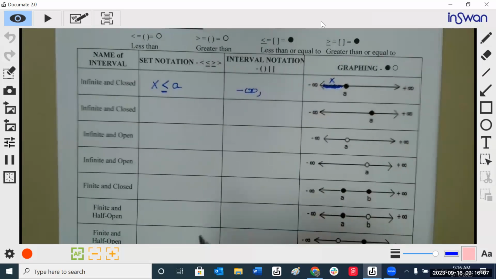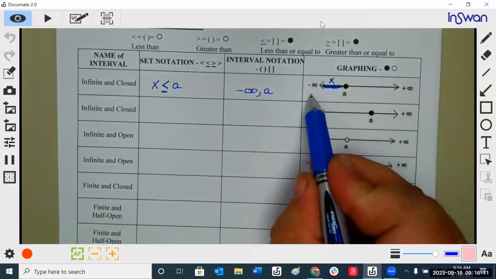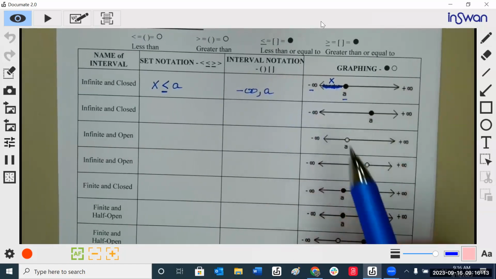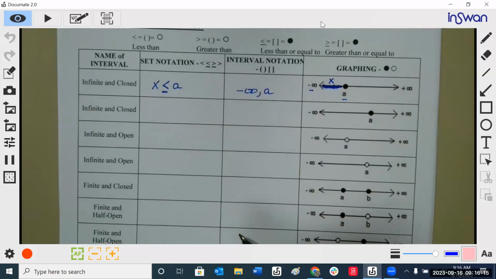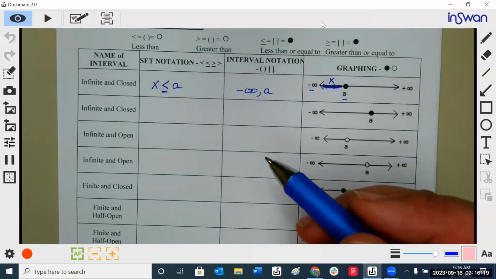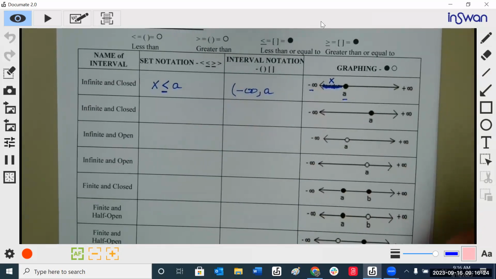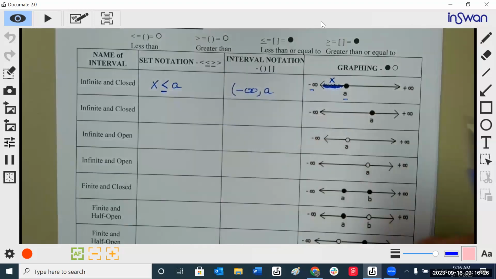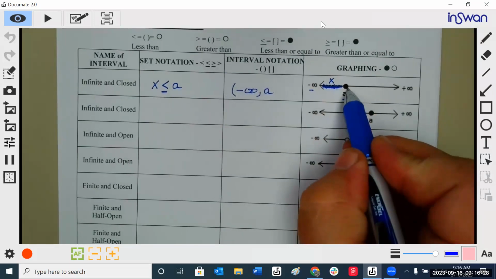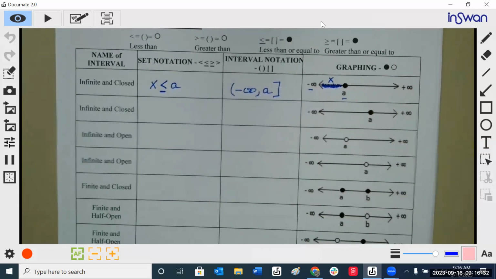Comma, where does it end to the right? At A. So it starts off at negative infinity, goes to A. Can you ever get to negative infinity? No, it's impossible. You can never get to it. So infinity is always a parenthesis. But since A is a solid dot, we can use it, so we use a bracket.